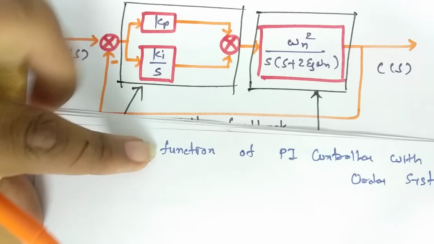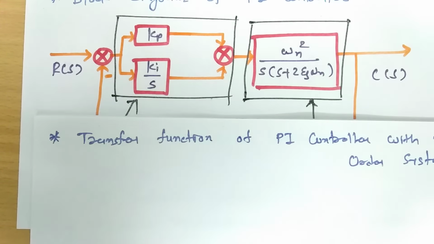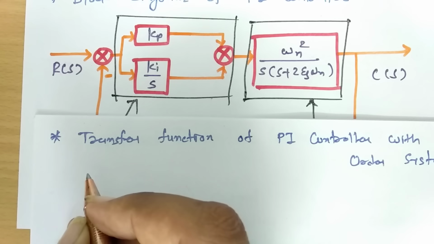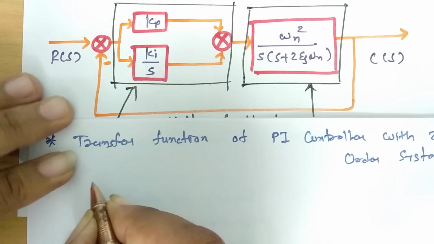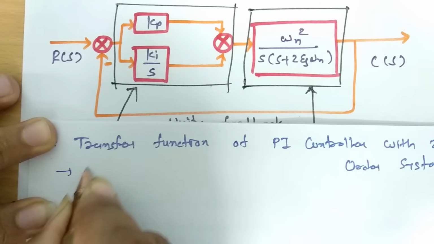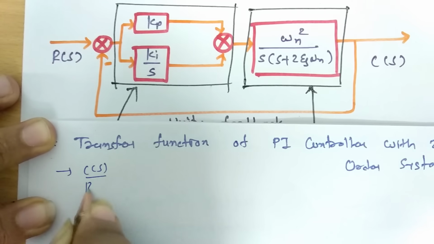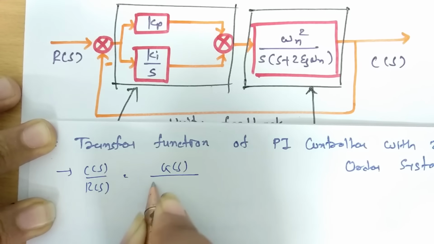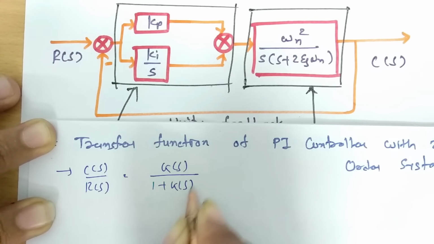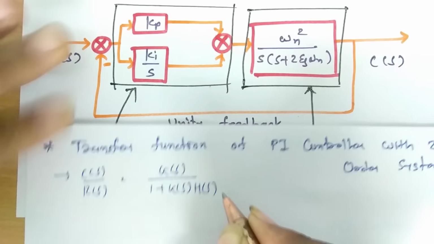Here we have the transfer function, that is C(s) by R(s), which is G(s) divided by 1 plus G(s)H(s).